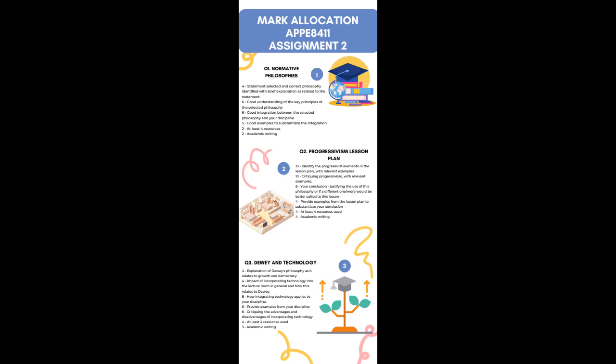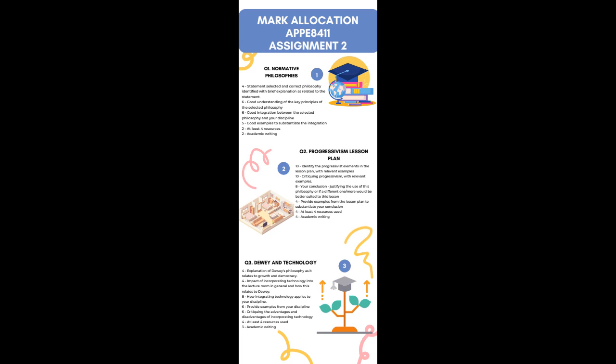I really think they're giving away marks for this question, but hey. So 10 marks, addressing 5 elements of progressivism and giving me examples in the lesson plan. Then 5 or 4 things of the lesson plan that you think don't really fit in with progressivism and why. And then your conclusion: these were the things that worked, these were the things that didn't work.